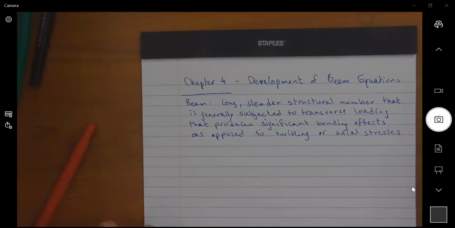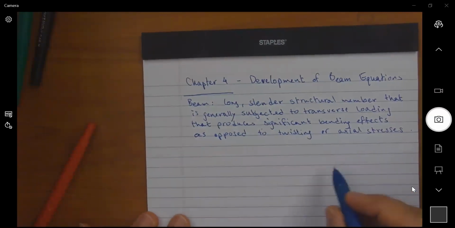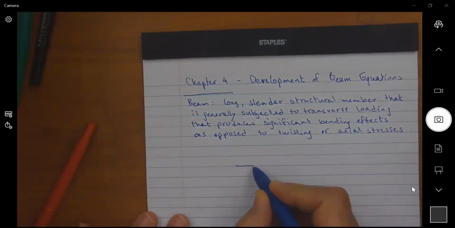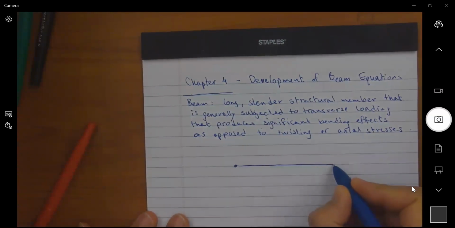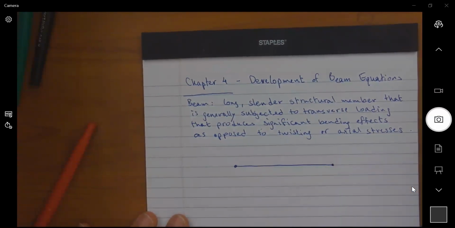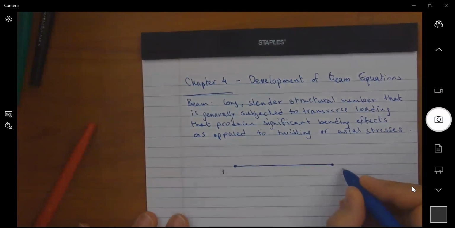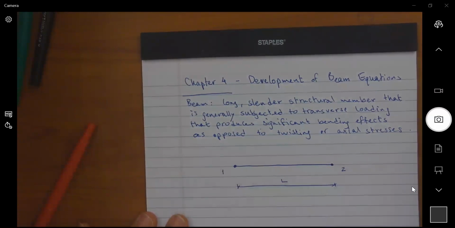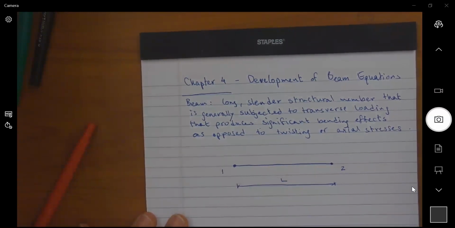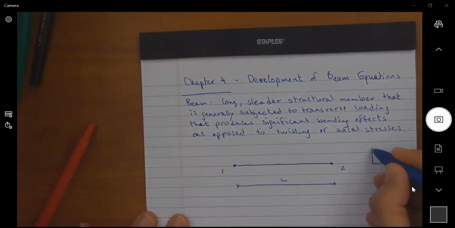So if we're going to look at a beam element in its simplest form, so just having two nodes, node 1 and node 2, and having a length L, and we are working here in the XY plane and the axis of the beams.